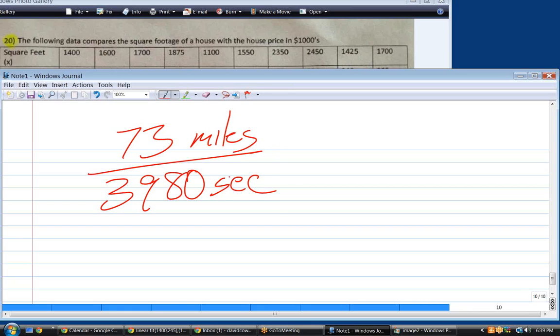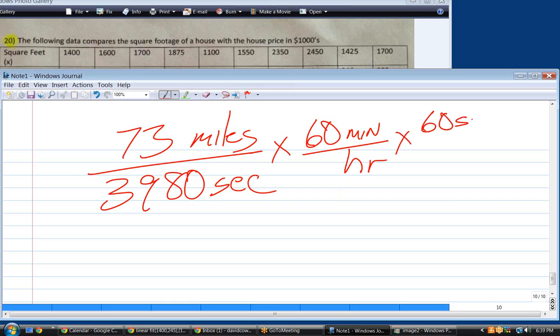Well, we need hours in the denominator, so first of all, let's multiply it by 60 minutes per hour. But now, if I do this, I'll have miles per second hours. So I need another conversion factor.